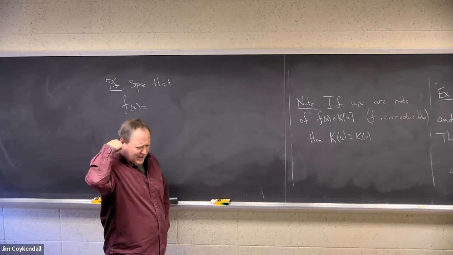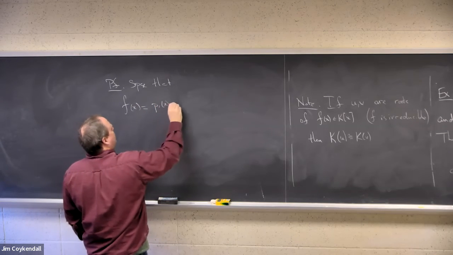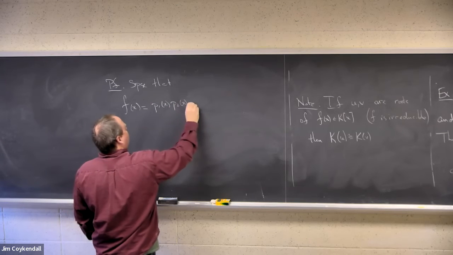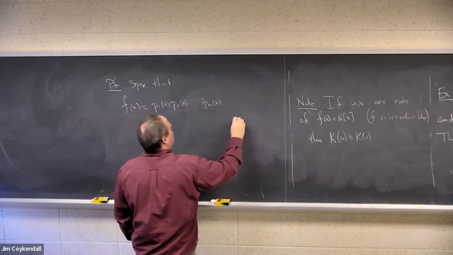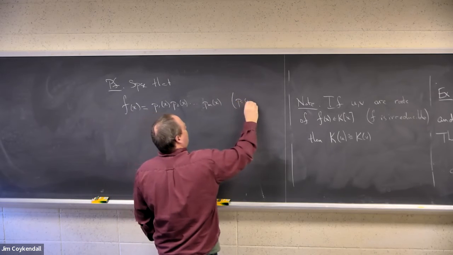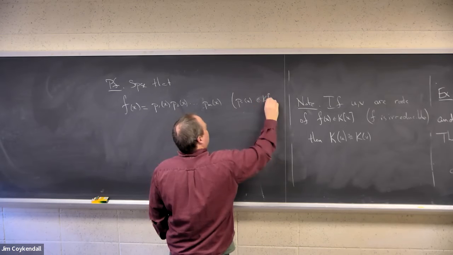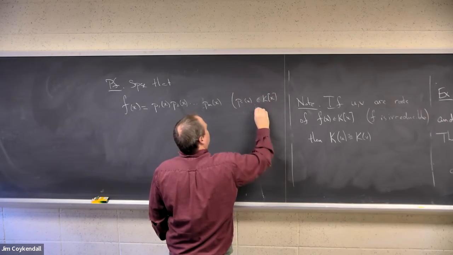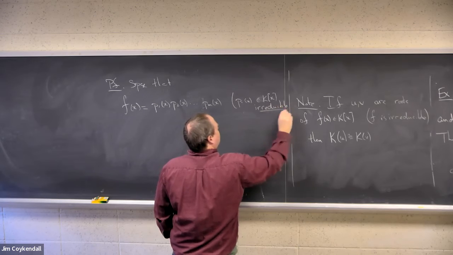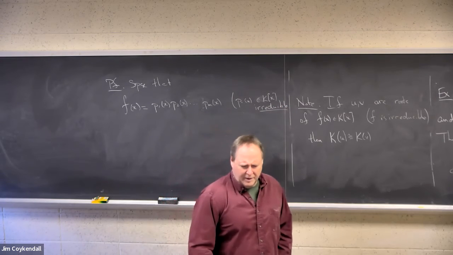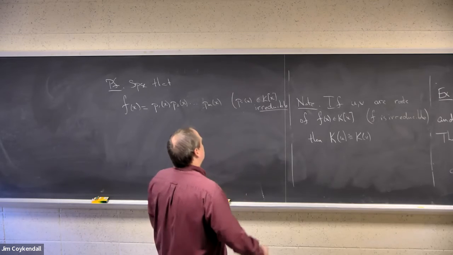So let's factor it into, say, m factors, p_1(x) through p_m(x). Assume that the factors I broke it up into are irreducible.